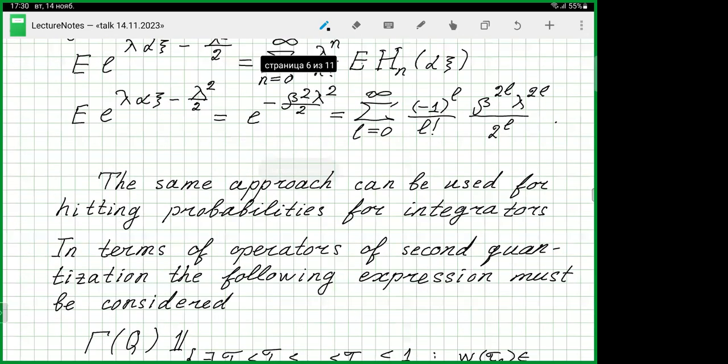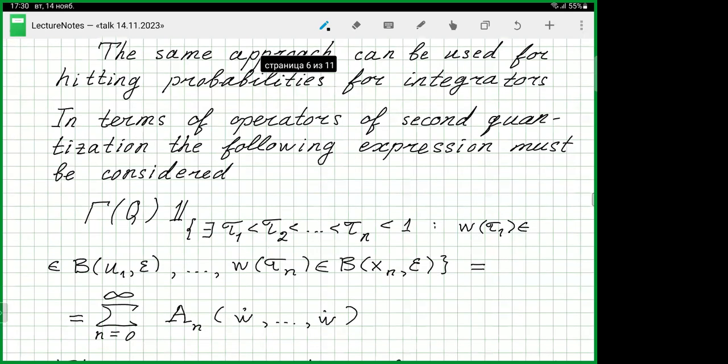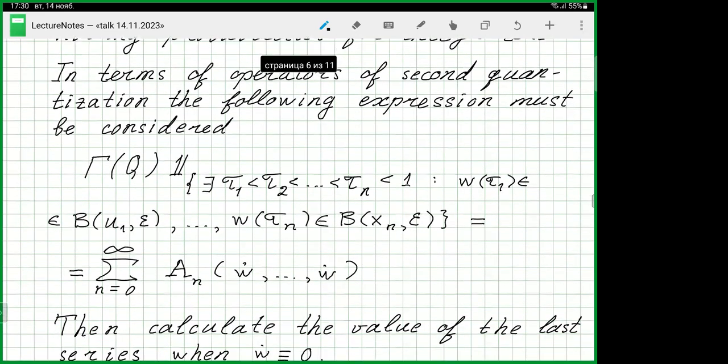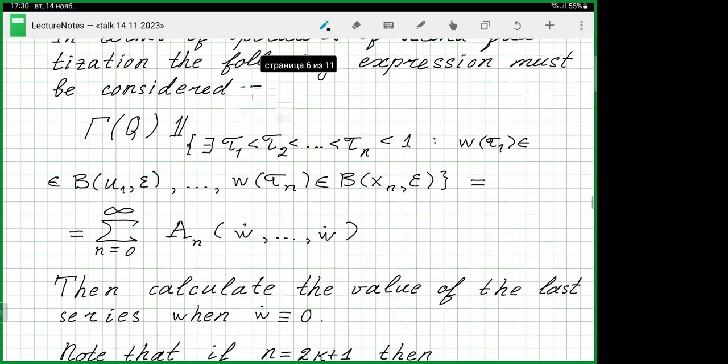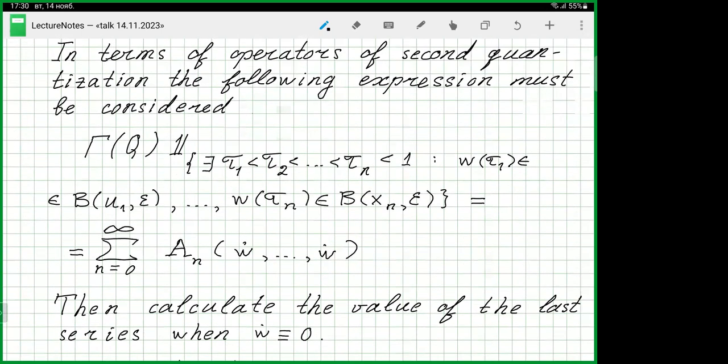I am considering here the following. Let us consider gamma q. So gamma q is an operator of second quantization related to our supplement integrator. We just take this conditional expectation because the operator of the second quantization is the conditional expectation, which we actually need.